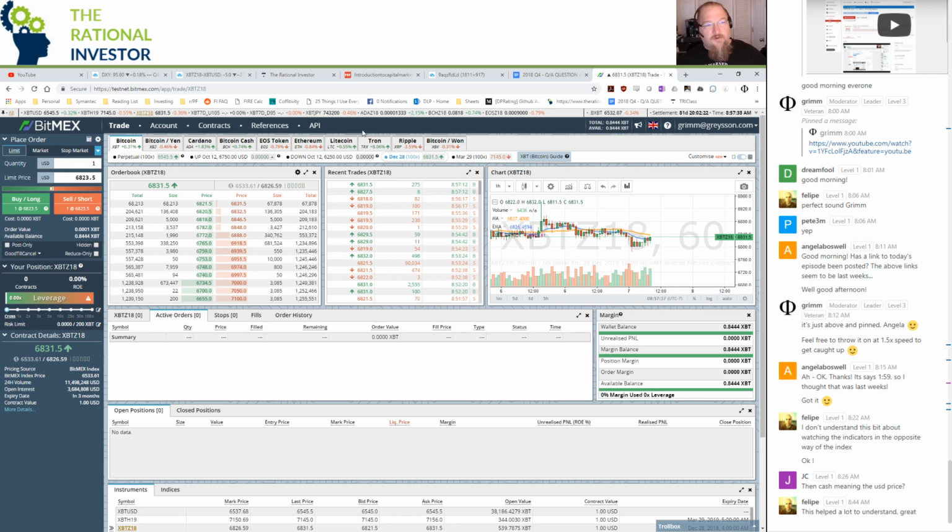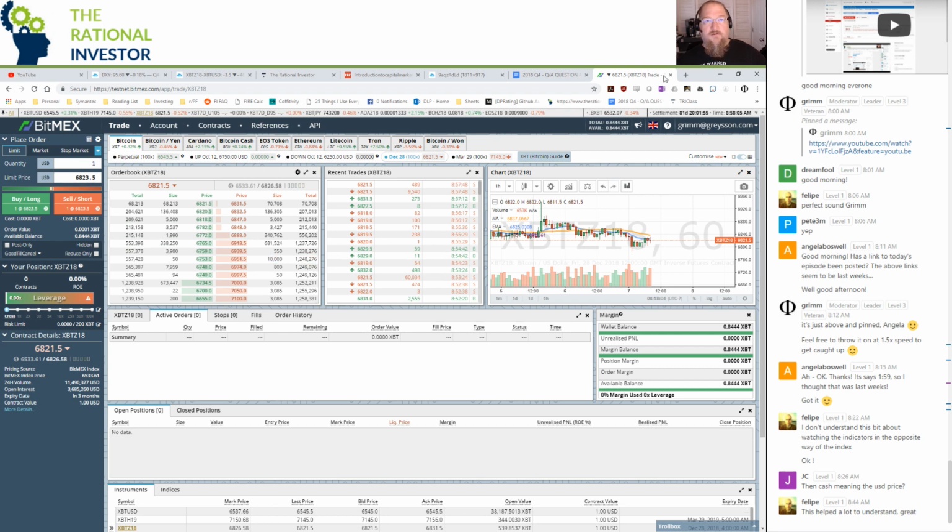There is a price for that futures contract, and the spot price, and those two are very rarely the same. Usually, in a healthy bullish market, the futures price will be higher than the spot price, but it can also invert, where the futures price is lower than the spot, and that relationship is really important.